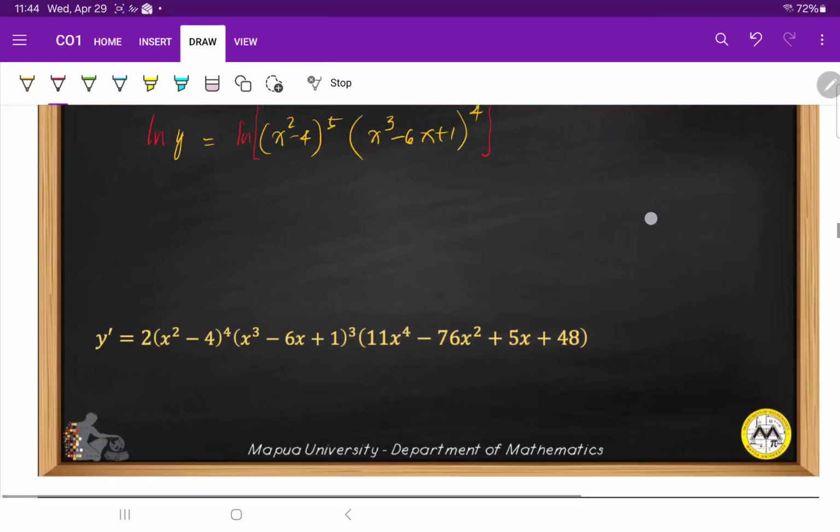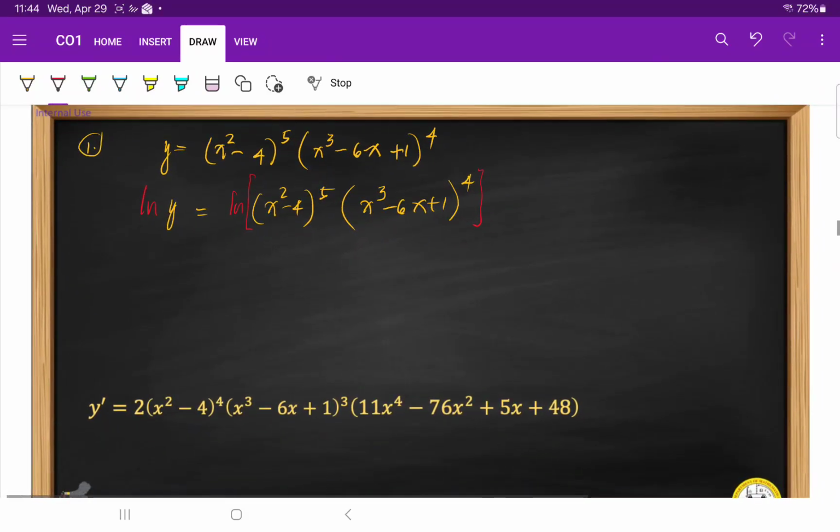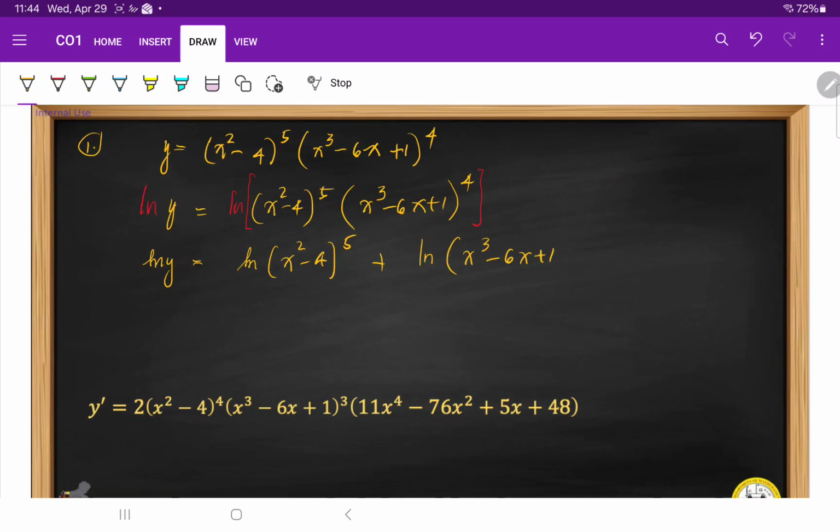By the laws of logarithm, we get ln of y equal to ln of x squared minus 4 to the fifth plus ln of x cubed minus 6x plus 1 raised to the fourth. Then we further simplify.